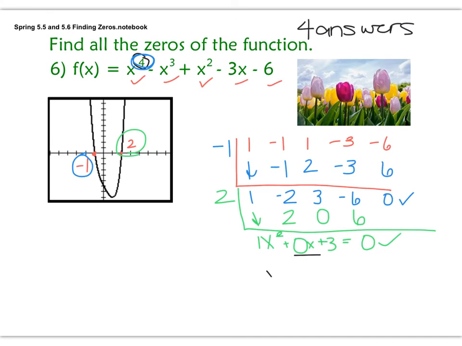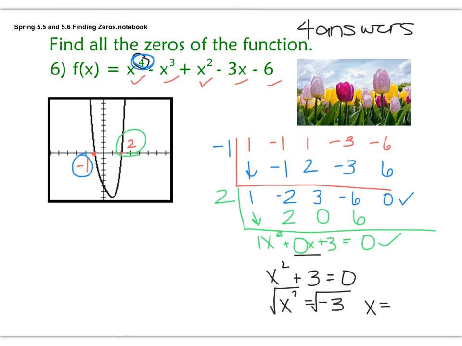0x, that's really nothing. So I can look at it as 0, x is gone. So x squared plus 3 equals 0. Okay. Well, I know that's not going to factor, but I can solve this with the square root method, right? So we'll just subtract the 3 to the other side, and then to get rid of the square, we take the square root.